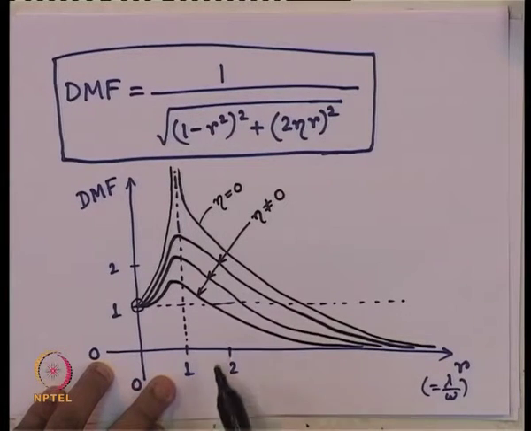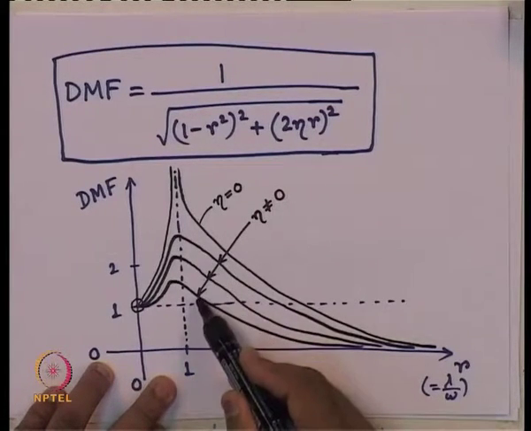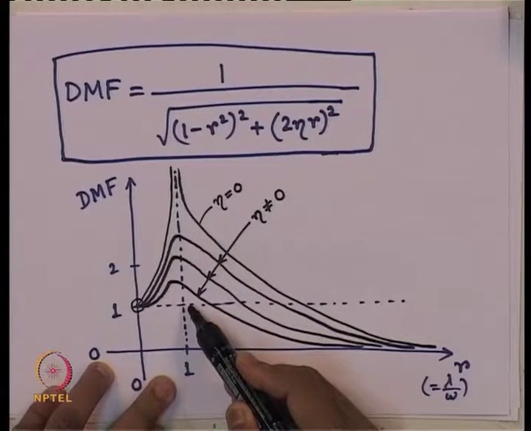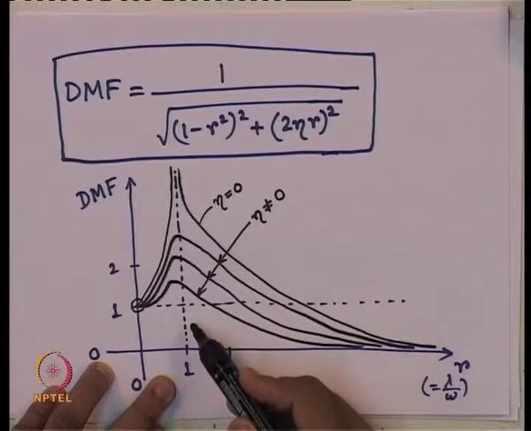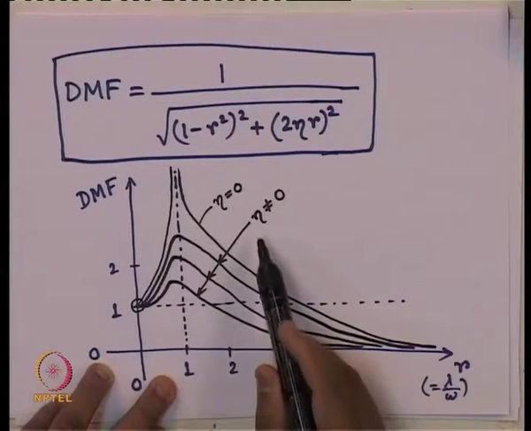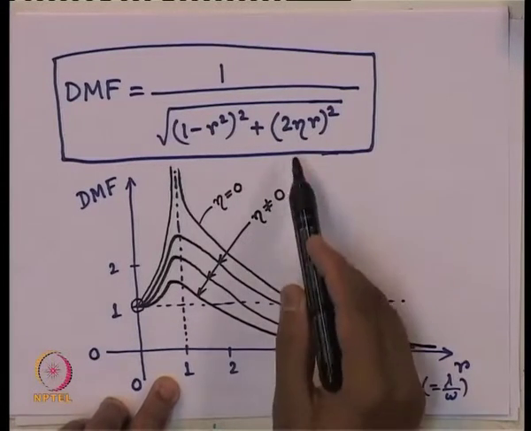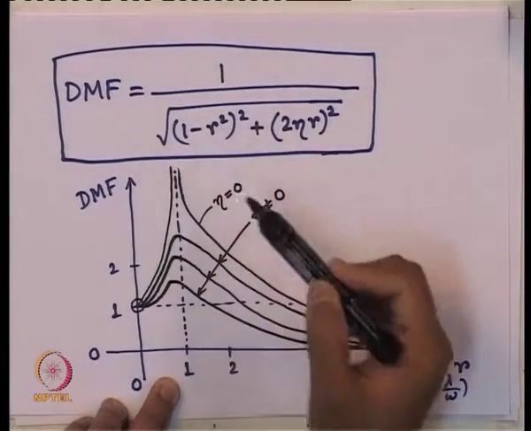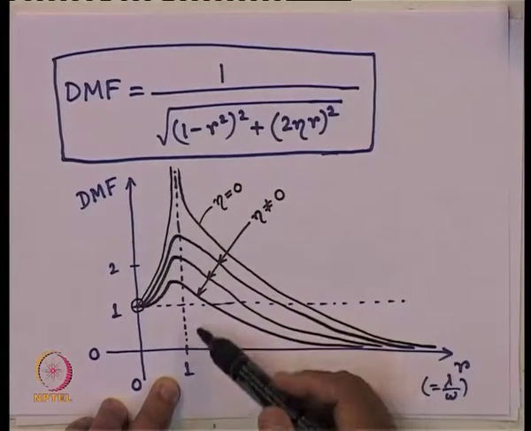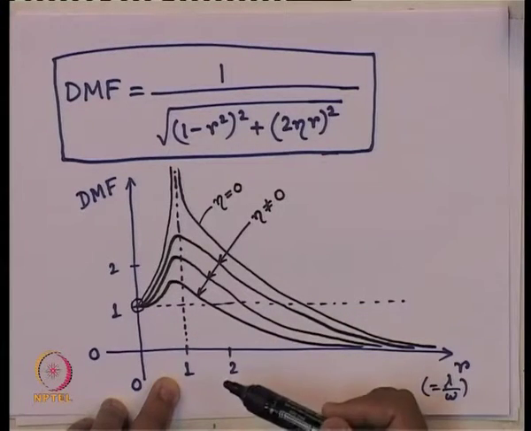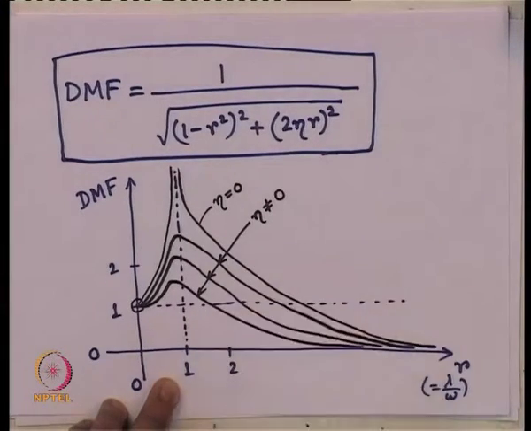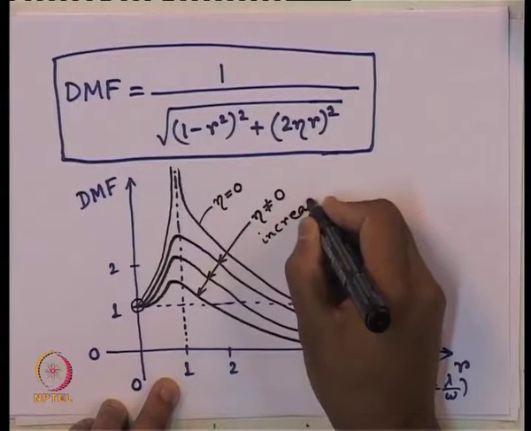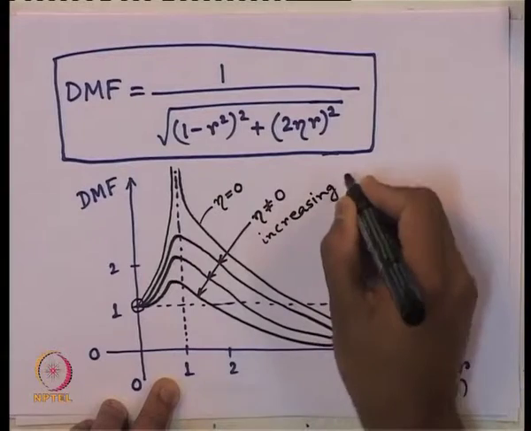Now, what does this show? Is this in the decreasing values of eta or increasing values of eta? If the value of eta is increasing, what will we get? The DMF value will keep on decreasing. So, this is the increasing trend of increasing eta.